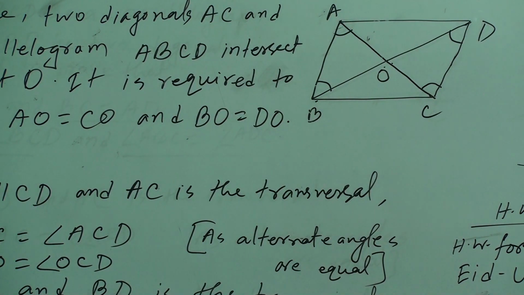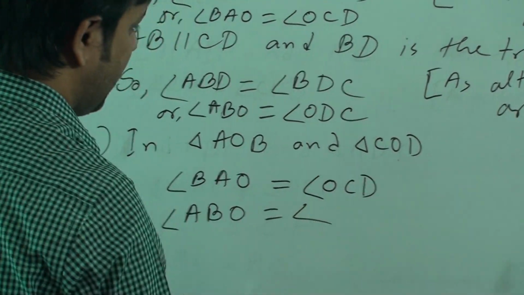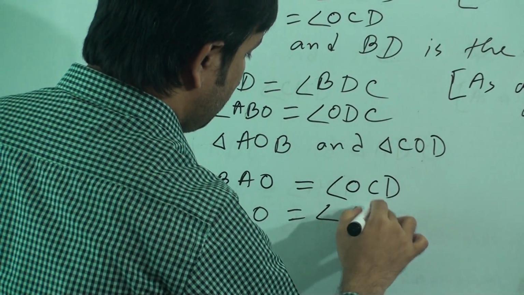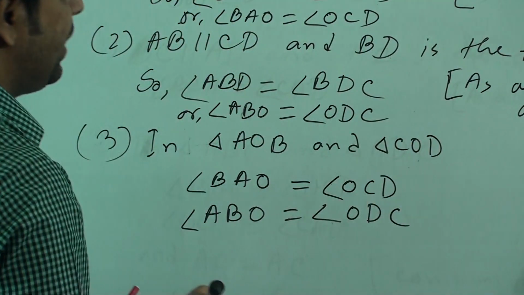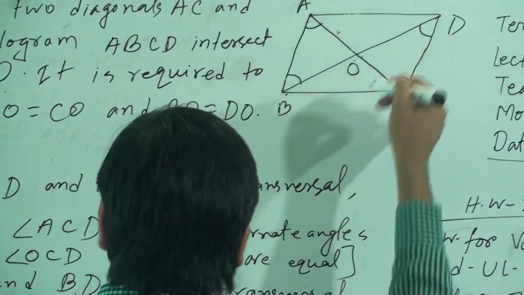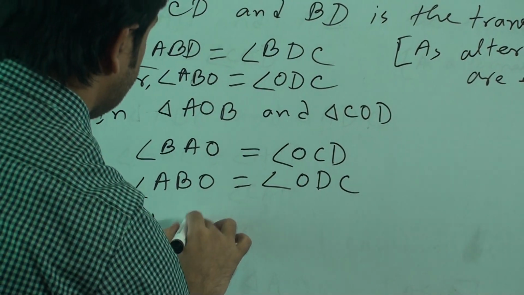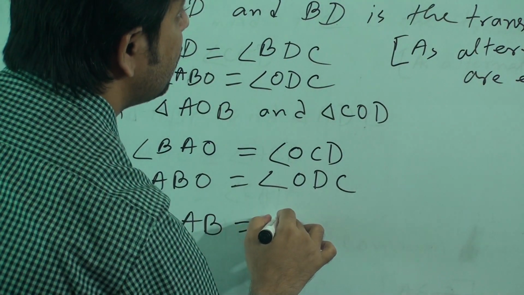Both are the same, so we can write angle ABO is equal to angle ODC. So these two angles are equal to these two angles, and we can say AB is equal to CD.